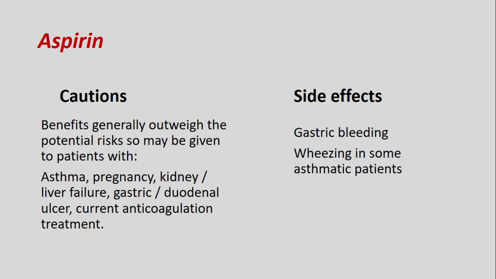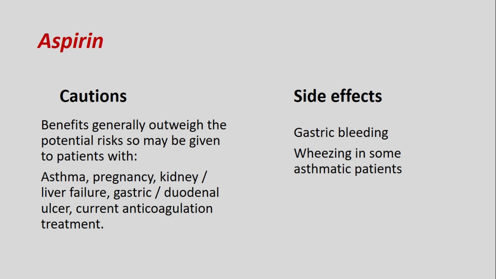Regarding the side effects, if you recall back to a few minutes ago where I was talking about how aspirin disrupts the enzymatic cascade, resulting in platelet inhibition, well, this enzymatic cascade helps to maintain gastric mucosa by stimulating mucus secretion. It also helps to maintain a healthy level of anti-inflammatory prostaglandins.